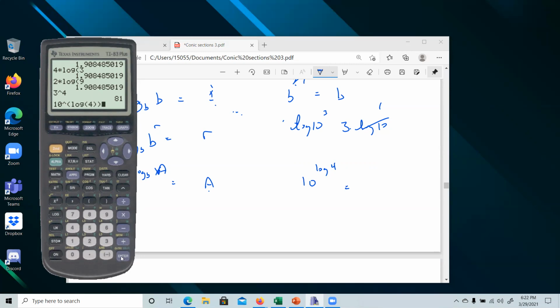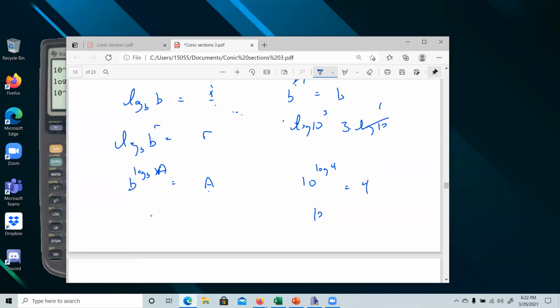We can even do this in two pieces. So what's log 4? That looks like a terrible number. So 10 raised to that answer gets back to 4 again. So 10 raised to the log of anything is that anything.